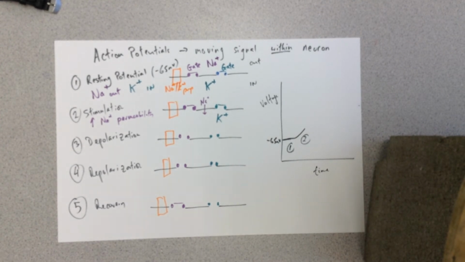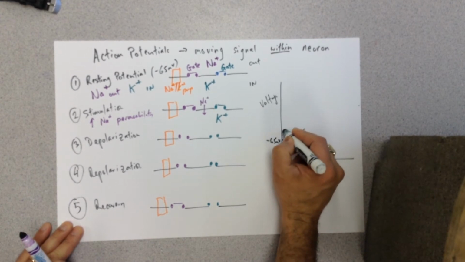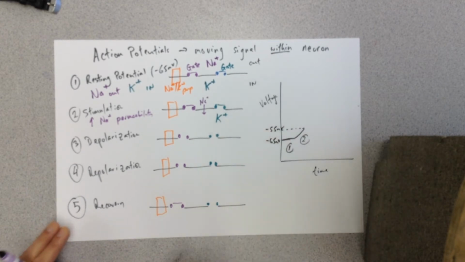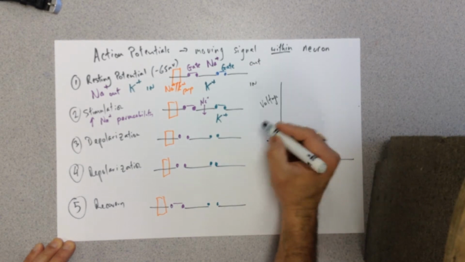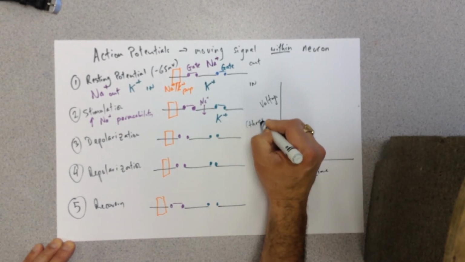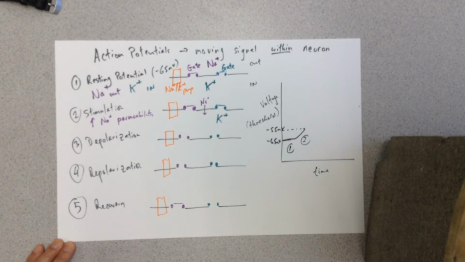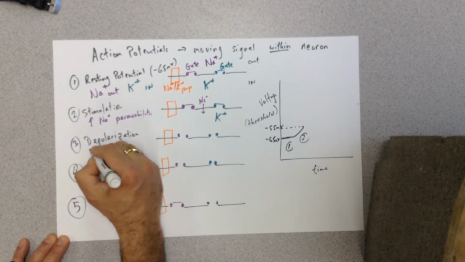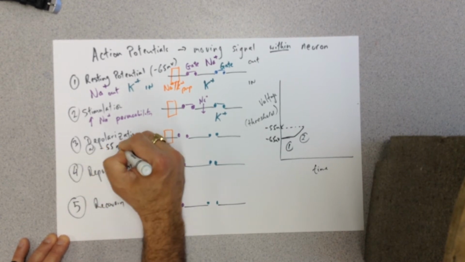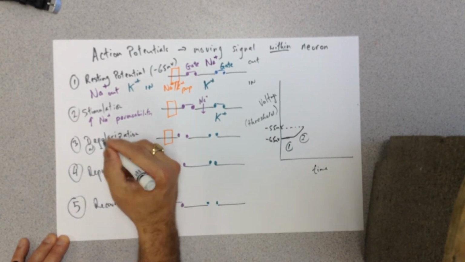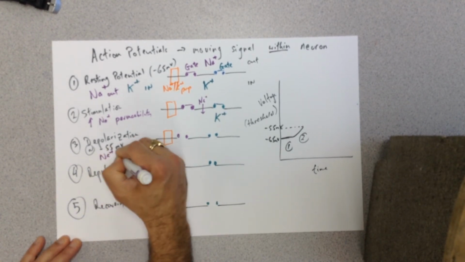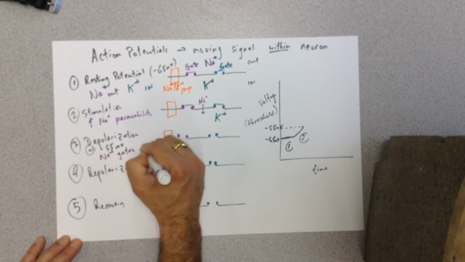That's going to keep on happening until we reach what's called a threshold level of negative 55 millivolts. And when we hit negative 55 millivolts, that's called the threshold. When we hit negative 55 millivolts, the next event occurs, and that's called depolarization. So at negative 55 millivolts, the sodium gates, which are purple, open.